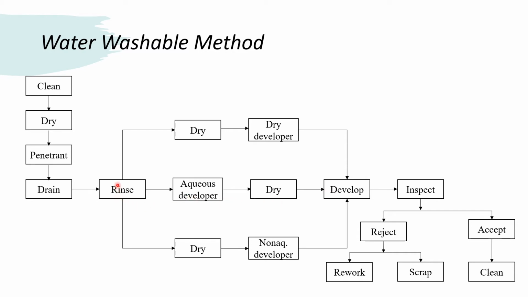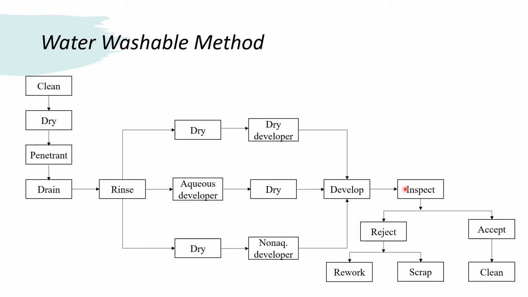Another is rinse to dry, then developer, and then develop. Another way is for the non-aqueous developer: rinse, go to dry, then non-aqueous developer, and then develop. After that, the part is ready for inspection.